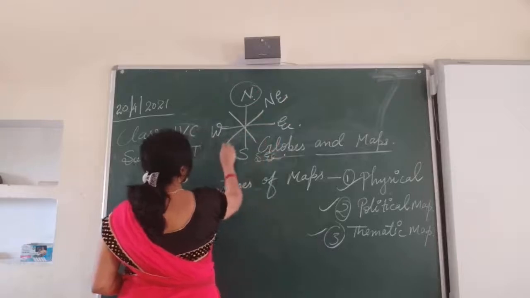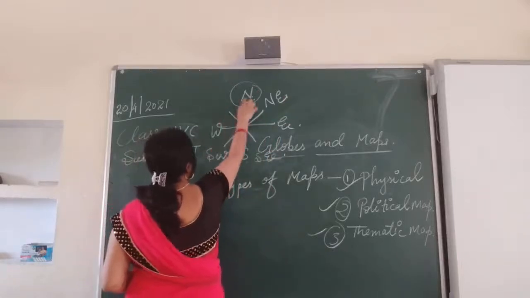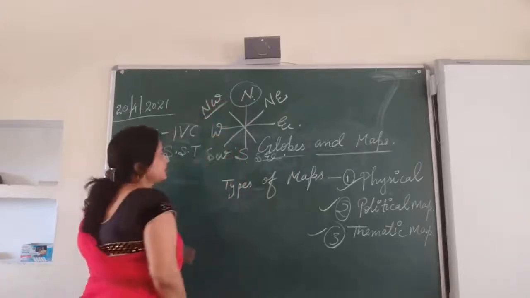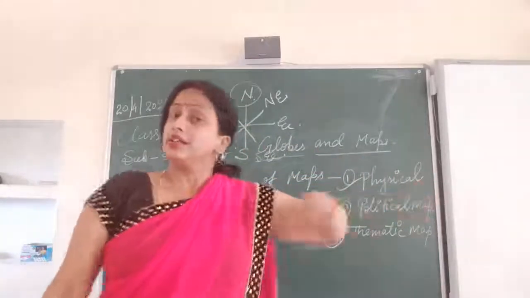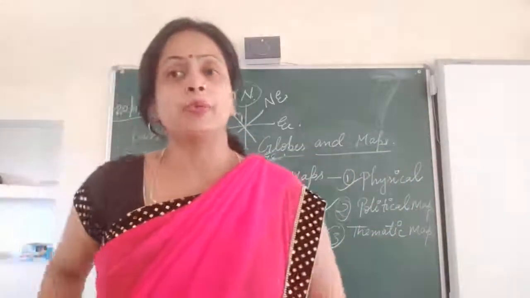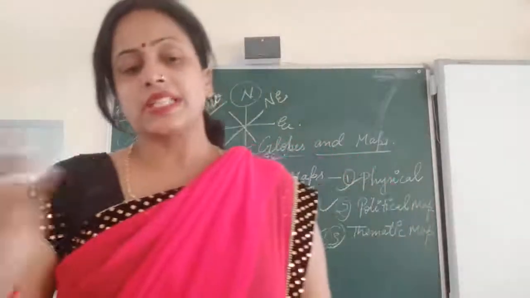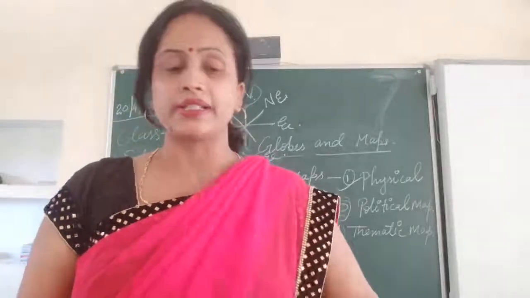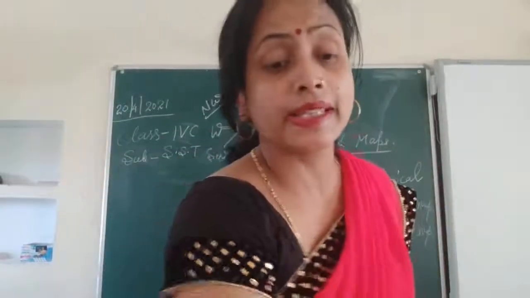Now this one is southwest, and this is northwest. So like this, other directions are also there. Main four directions are there, then the other four directions we can come to know by the main four directions. This is helpful to locate the place. Okay, now scale. What is scale here?